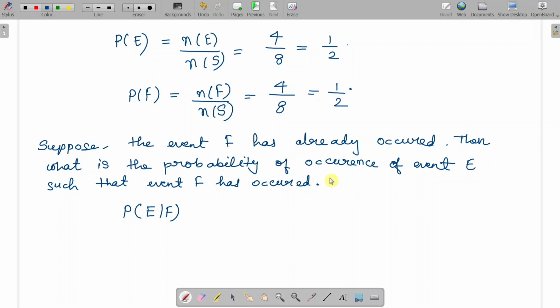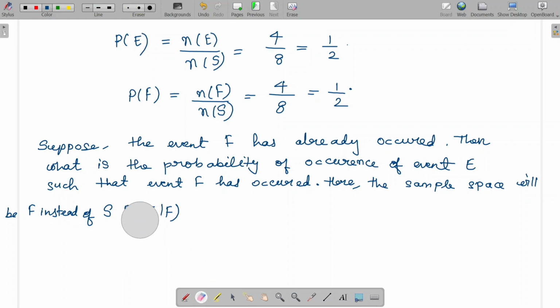So we can write here the sample space will be F instead of S. Okay, so now the probability that E occurs such that F has already occurred, okay, what will be this?